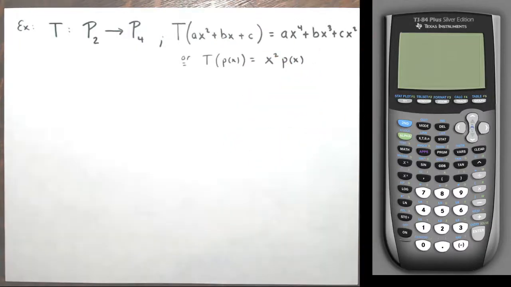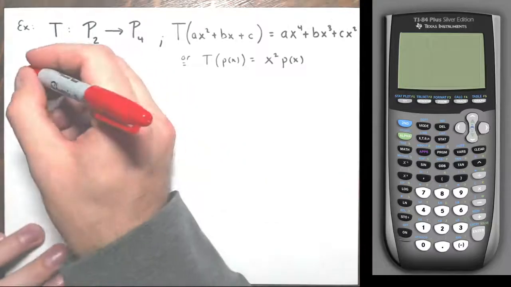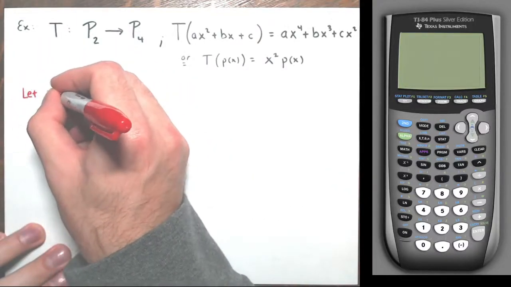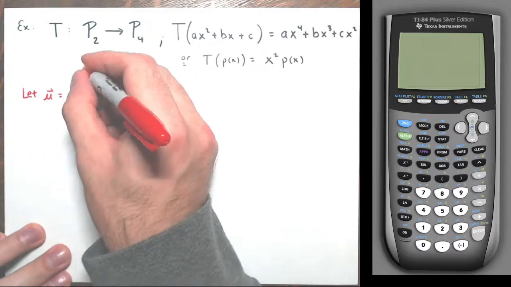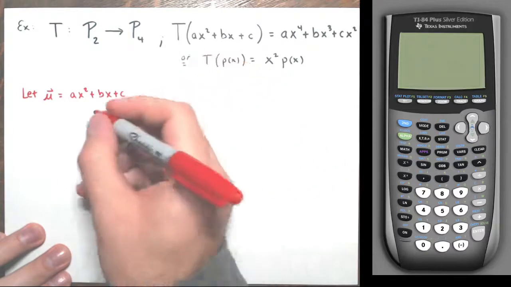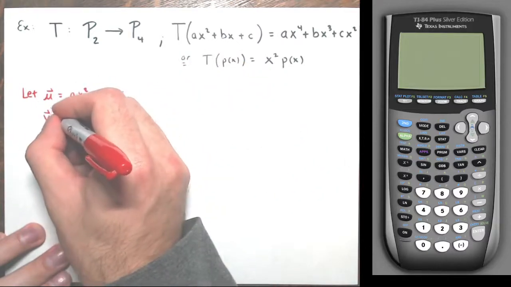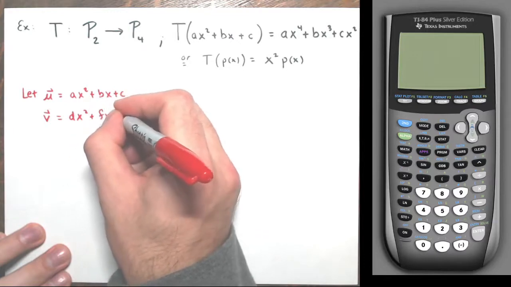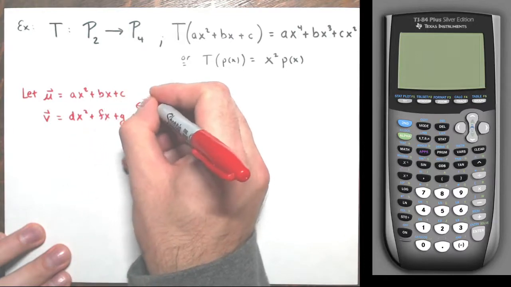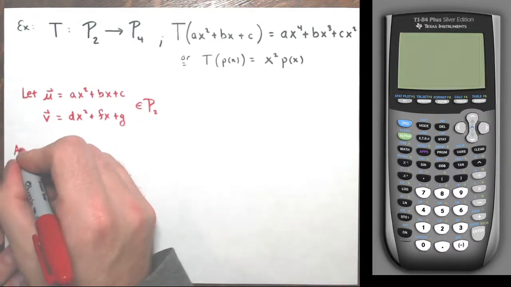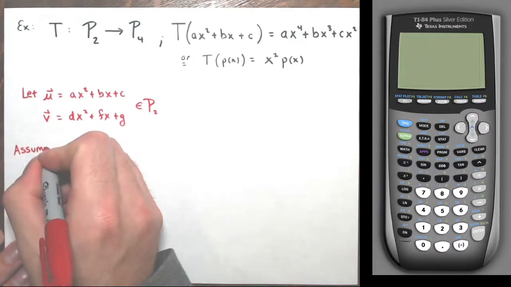So again, we're trying to see if this is 1-to-1. As with the last examples, I'm going to let u be ax squared plus bx plus c, some generic vector from P2. And v also be some generic vector dx squared plus fx plus g. These are from the domain P2. And we're going to assume that their images are equal.